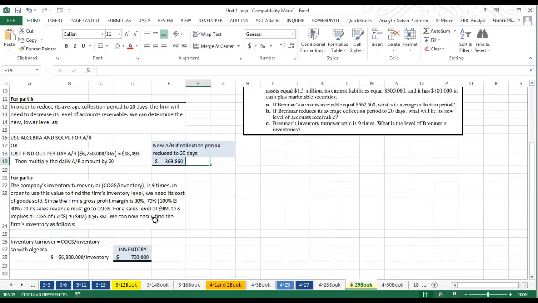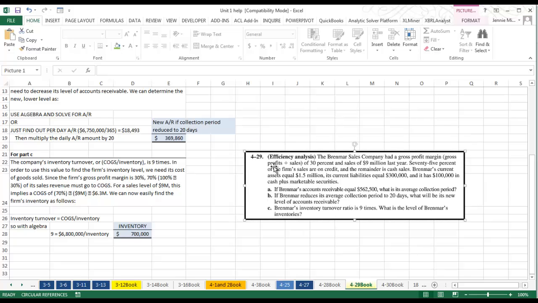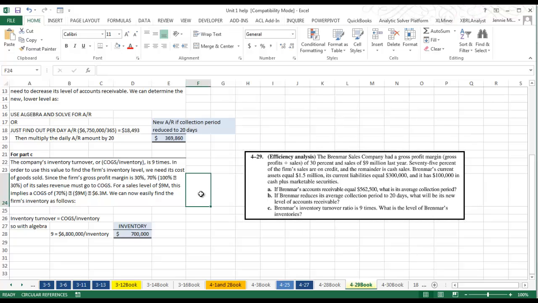For Part C, this is probably giving you a little more calculation to do. You've got to kind of go at this backwards. They tell us that our inventory turnover ratio is 9 times, and ask what the level of inventory is, so we have to back into it. The first thing you have to do is note that it tells me my gross profit margin is 30%. If that's the case, then my cost of goods sold must be 70%, a very high amount.